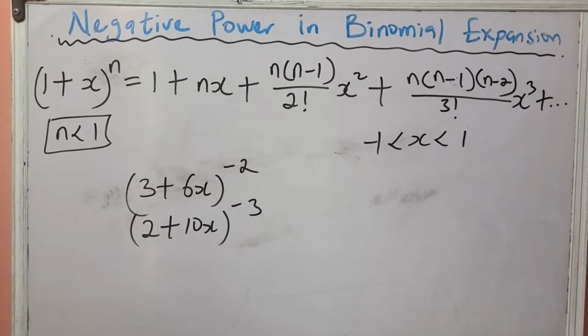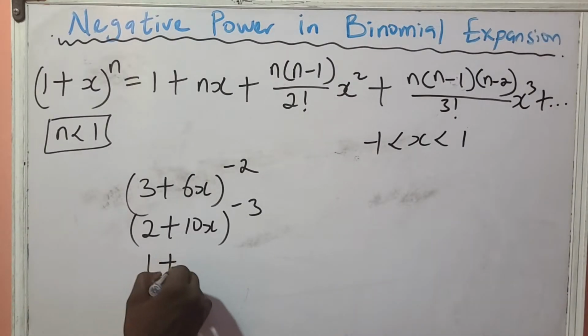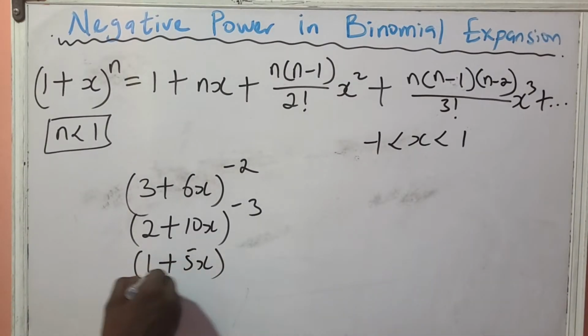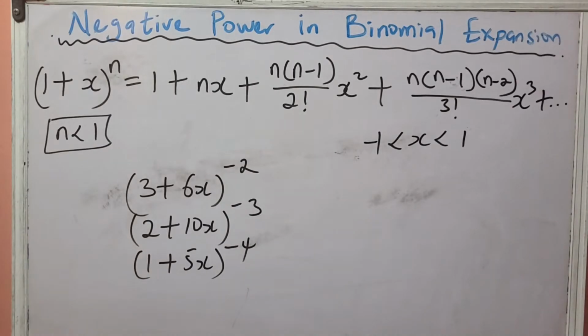In this case, n here is minus 3. We can have several examples: (1 + 5x) raised to the power of minus 4. Now, these are all vivid examples of binomial expansion with negative power.